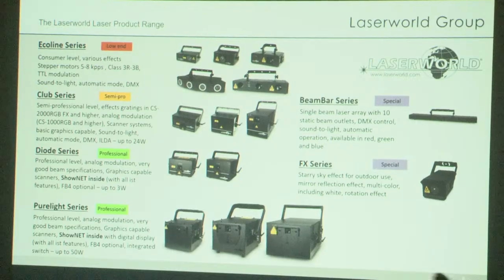The next level is the Club Series. The Club Series is already computer controllable. So even from the lower end, we can already computer control them, but the really strong ones, the 12 watt and the 24 watt that we have now, CS12000, CS24000, they already have that ShowNet mainboard inside, that intelligent laser mainboard that gives you so many opportunities for control.